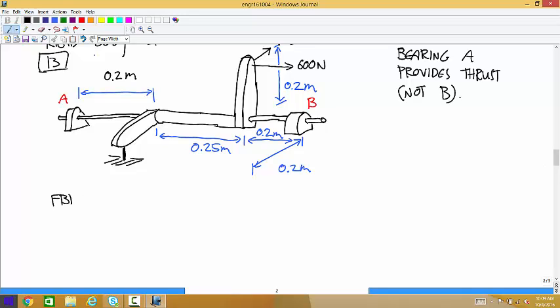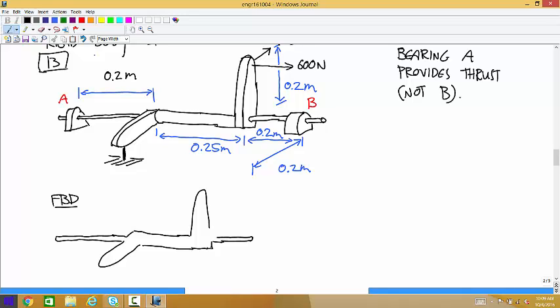And so a free body diagram, so there's the outline.